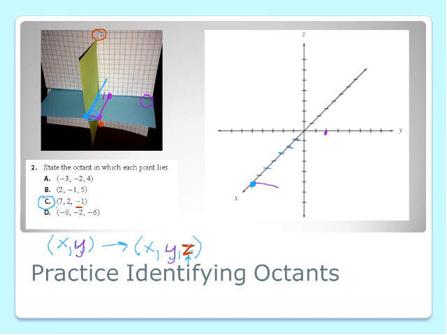That takes us here, and then we have to go down 1 for the z-axis. So the spot is actually like right here. Okay? Does everyone see that?